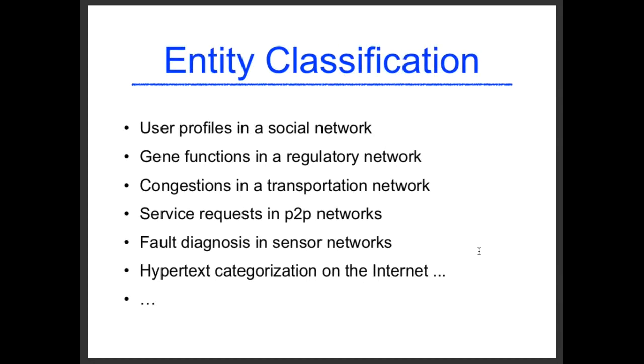As for entity classification, here are some examples. User profiles in social networks is exactly what I'm talking about. You can have networks in the bioinformatics domain. So you can have, for example, genes or proteins, and you want to predict the function of a gene or a protein in a regulatory network.